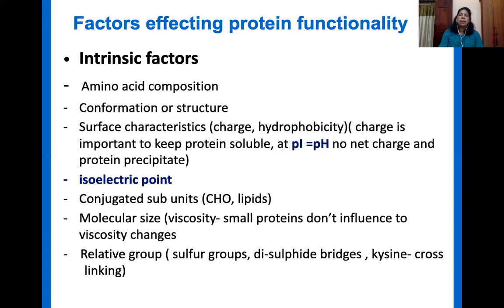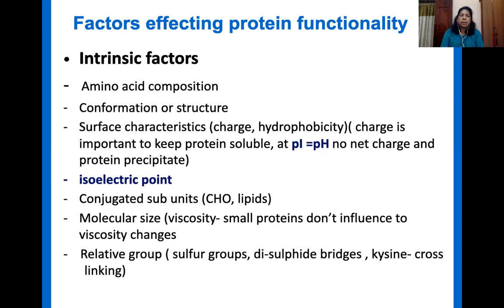The hydrophilic part joins with the water, and the hydrophobic part links with the lipids. That is why protein can act as an emulsifier. By adding this type of protein, you can make an emulsion, or you can make bonds with each other. And if carbohydrates and lipids are there, those also support this kind of structure.